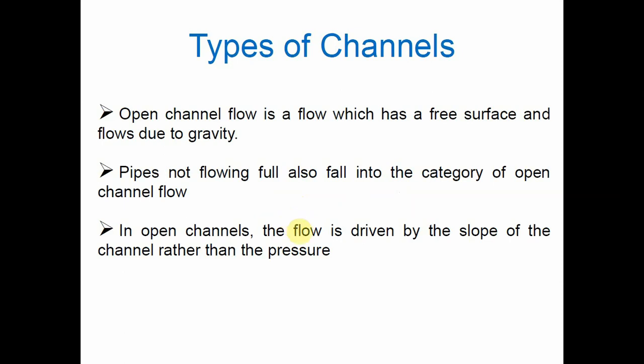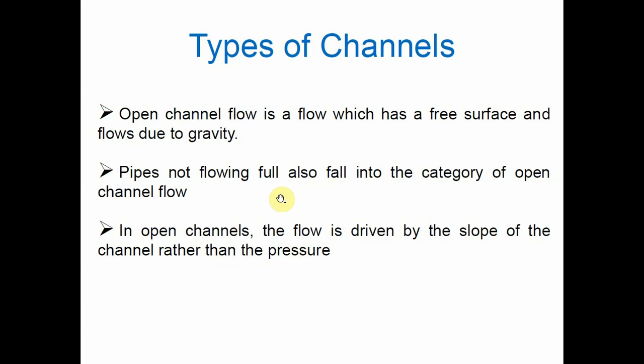Then types of channels, or it is also called classification of flow in the channel. The open channel flow is the flow which has a free surface and flows due to gravity.